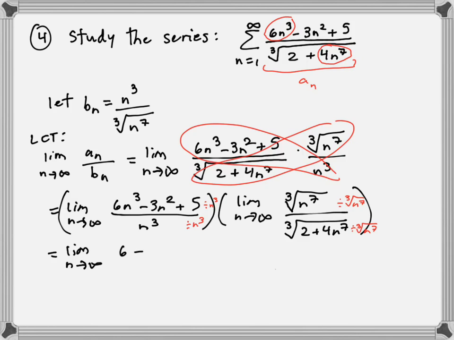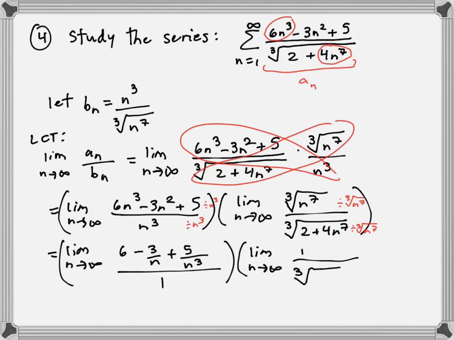We get 6 minus 3 over n plus 5 over n cubed. The bottom we get 1. Over here we get 1 over the cube root of 2 over n to the 7th plus 4.